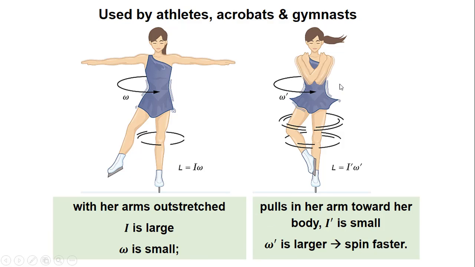However, when the ice skater pulls her arms in towards her body, it decreases the moment of inertia, so I becomes small. What happens to the angular velocity? The angular velocity omega becomes larger, and the skater can spin faster. So this is one of the applications of angular momentum.